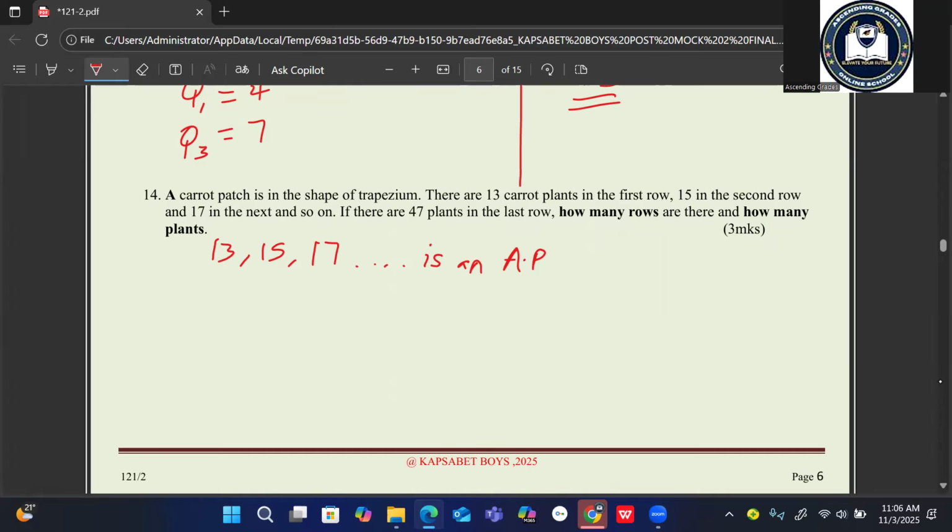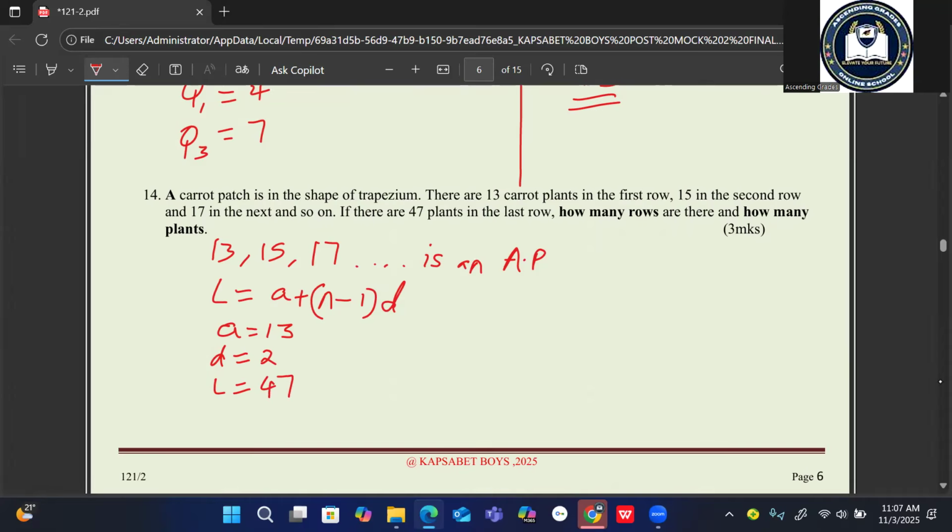And how many plants? So L, that is the last term, should be equal to A plus n minus 1 into D, where L is the last term. Our A is equal to 13. Our D is equal to 15 minus 13, or else 17 minus 15, which is 2. Our L, that is the last term, is 47.